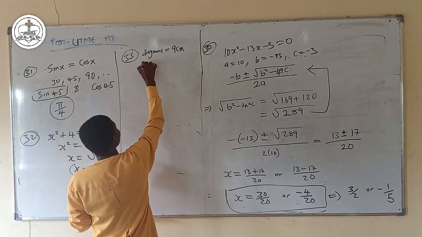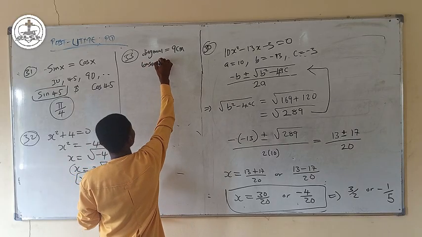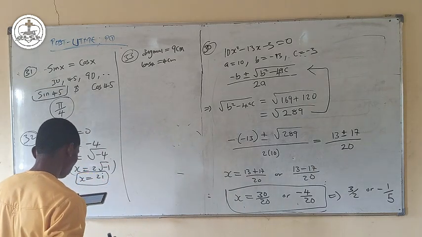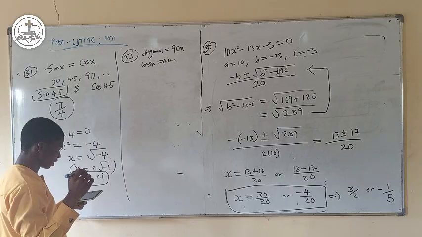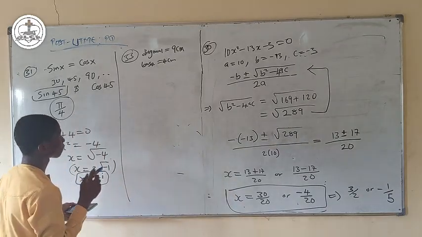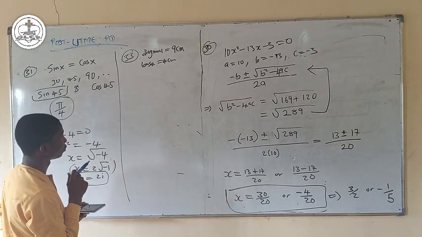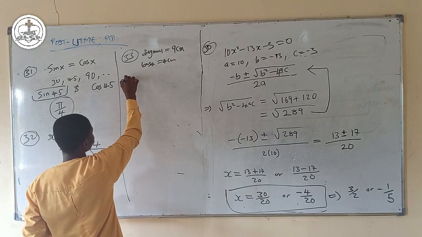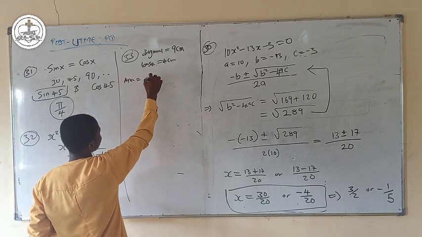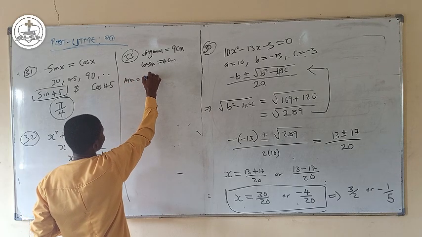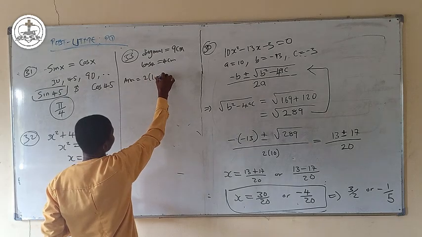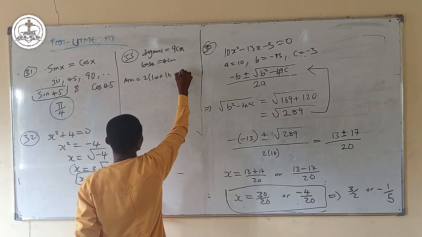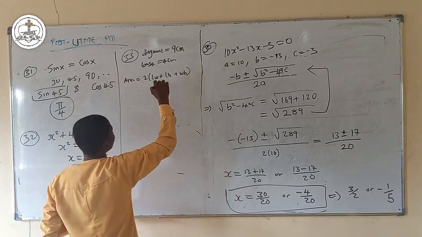They give us the diagonal of the length. We know that the area for a cuboid should be length times width, plus the length times height, plus the width times height, right?